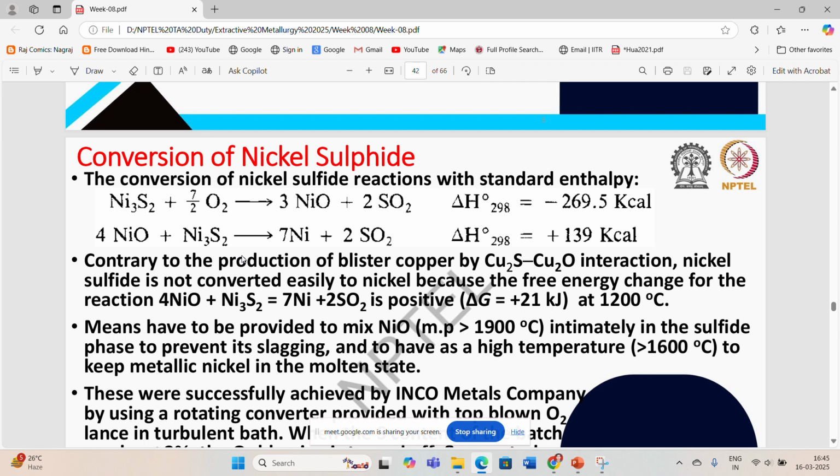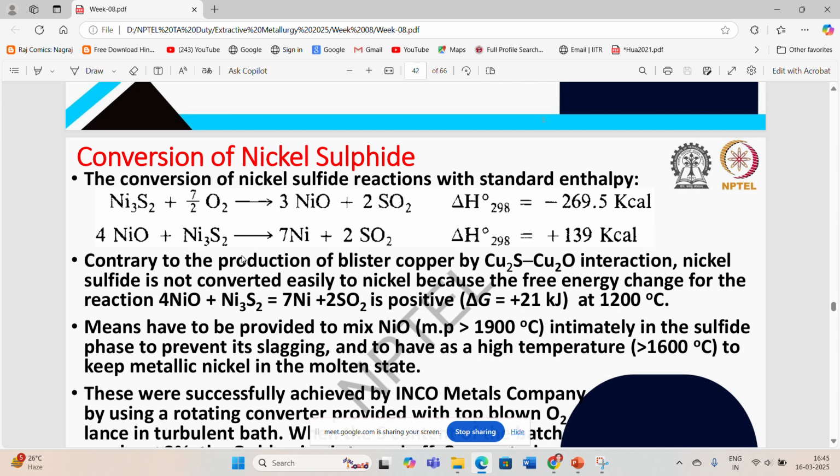As we all know, the demand for nickel is going to increase manifold due to the use of electric vehicles nowadays, because these vehicles contain lithium metal oxide batteries and nickel is a major content inside them. So we need to find more and more nickel sources. We cannot leave behind this nickel content.